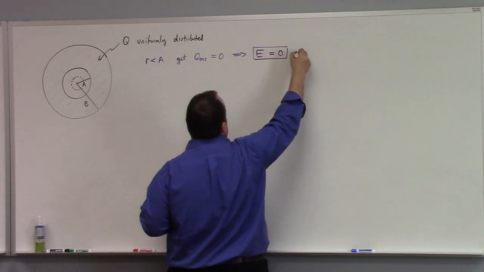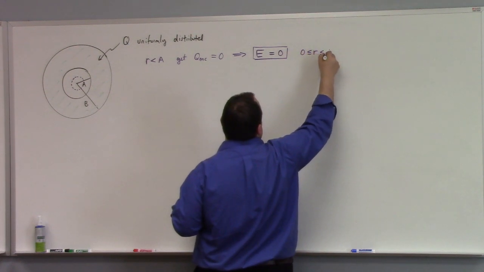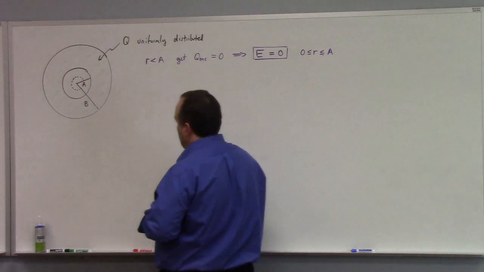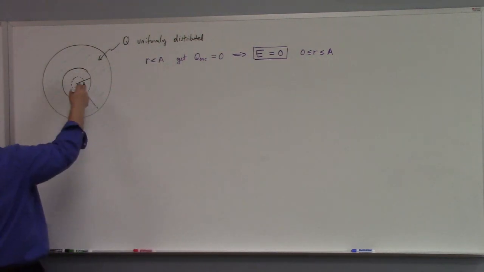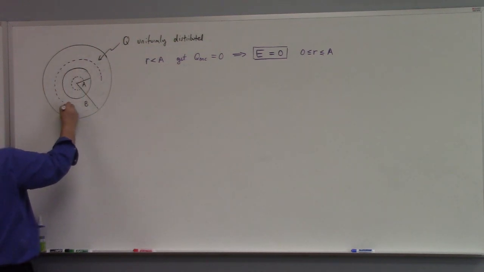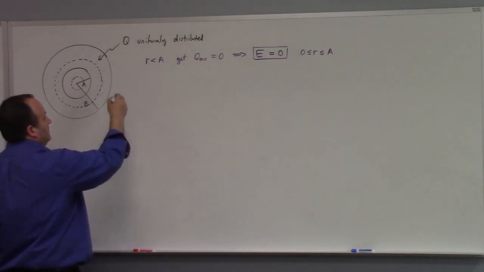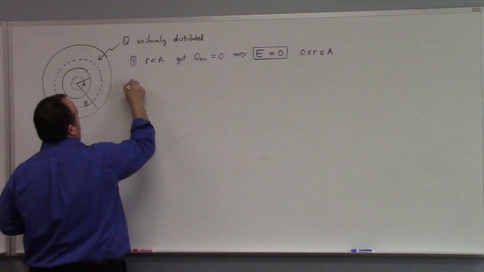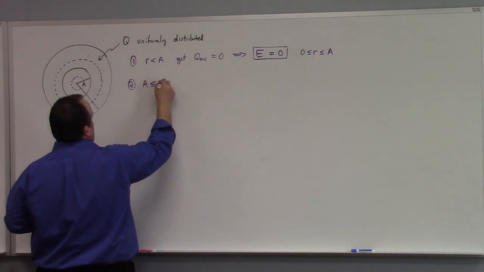So this is for 0 less than or equal to R less than or equal to A, all right? No charge is enclosed in that situation. But then if we put the Gaussian sphere out here, right? So that's case 1.